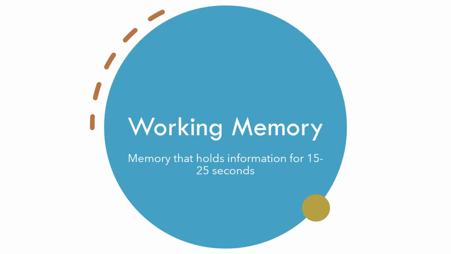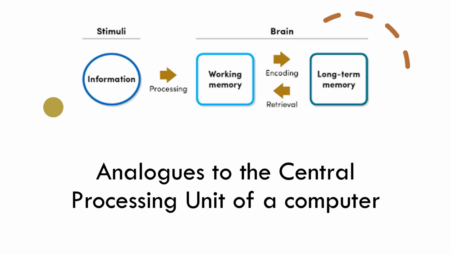Then we have working memory, memory that holds information for 15 to 25 seconds. This is conceived as the major workplace of the mind. It is, among other things, the seat of conscious thought, the place where all conscious perceiving, feeling, comparing, computing and reasoning takes place.